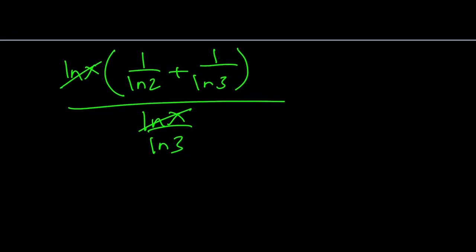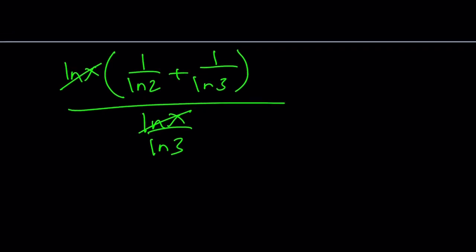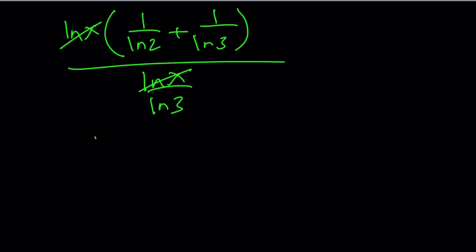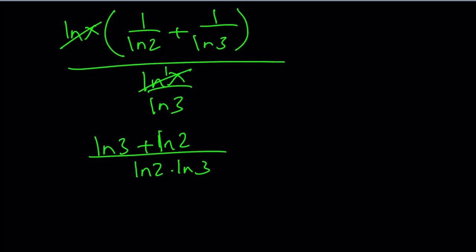Great. Now we can make a common denominator here: (ln 3 plus ln 2) divided by (ln 2 times ln 3), and then this one is 1 over ln 3. We're going to flip and multiply by ln 3 over 1. ln 3 cancels out. We end up with (ln 3 plus ln 2) over ln 2.